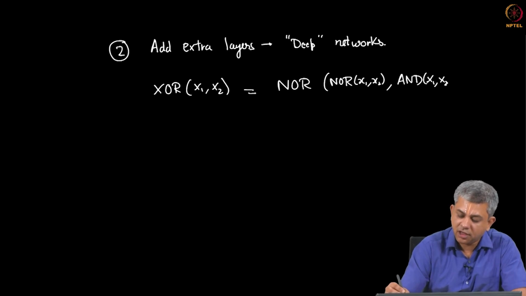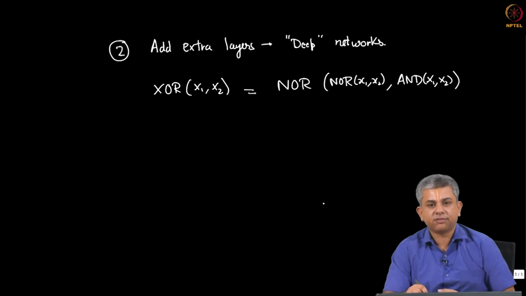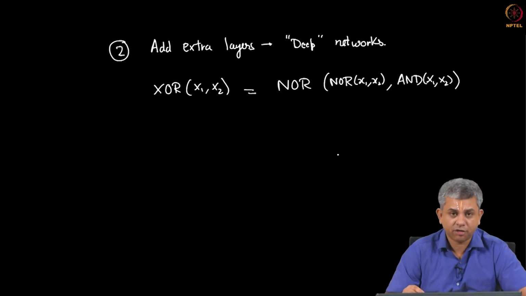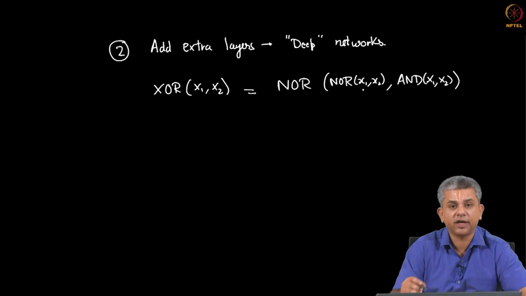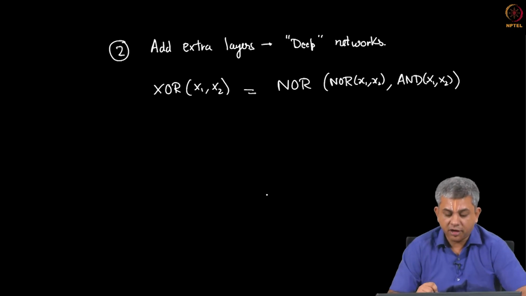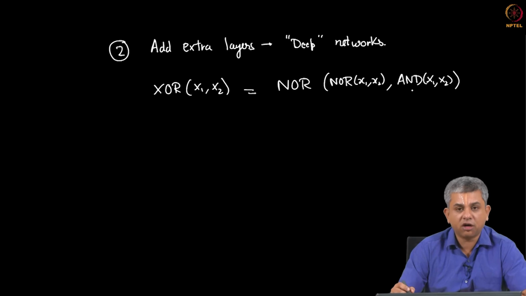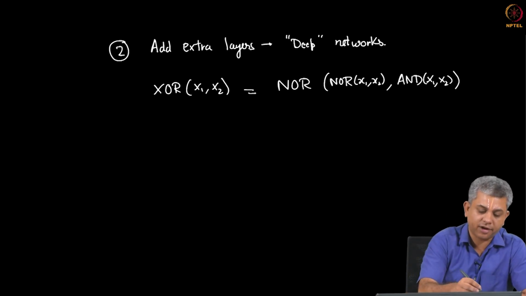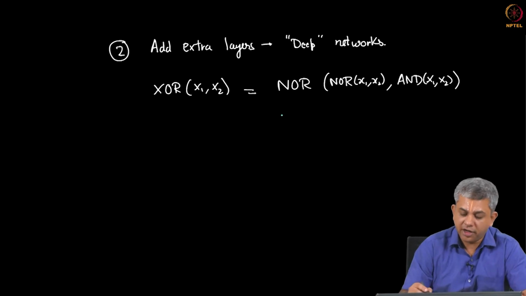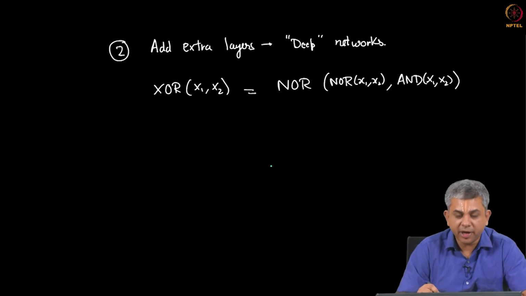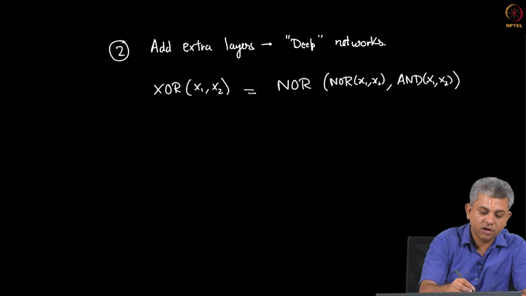That is, XOR can be written as a combination of elementary gates that we have already looked at. Recall, we already have weights for the NOR gate, for the AND gate, etc. So, which means we can in some sense write XOR in terms of those elementary gates that we have already discovered. How would this look?